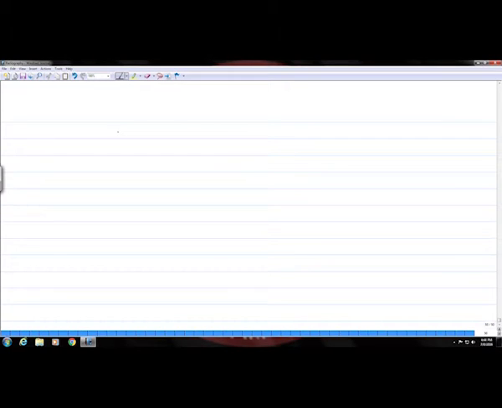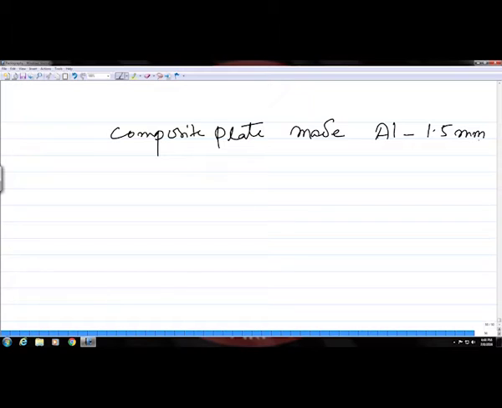Yeah, we can take an example as I was telling you. Let us say you have a composite plate which is made of 3 different metal sheets: aluminum 1.5 mm, copper 3.6 mm and lead 0.9 mm.